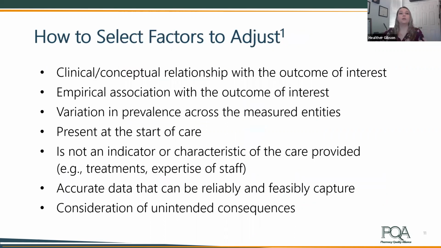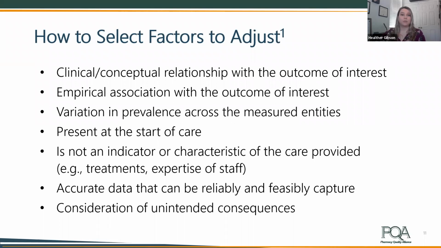And so, how do we select factors to address? Well, there's a lot of considerations that we can use when selecting factors to adjust for within quality measurement. And thinking back a couple slides ago, we want to identify whether there's a clinical or a conceptual relationship with the outcome of interest, so that conceptual model.